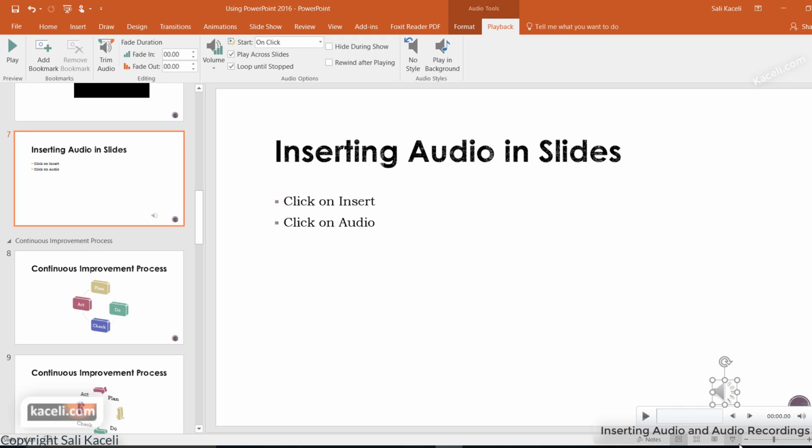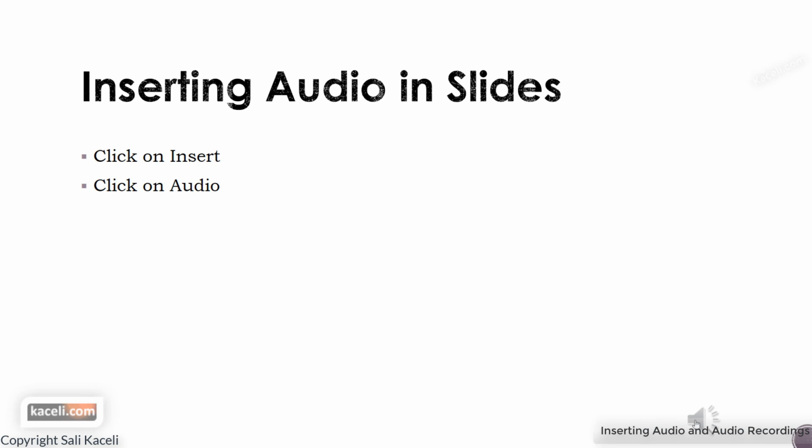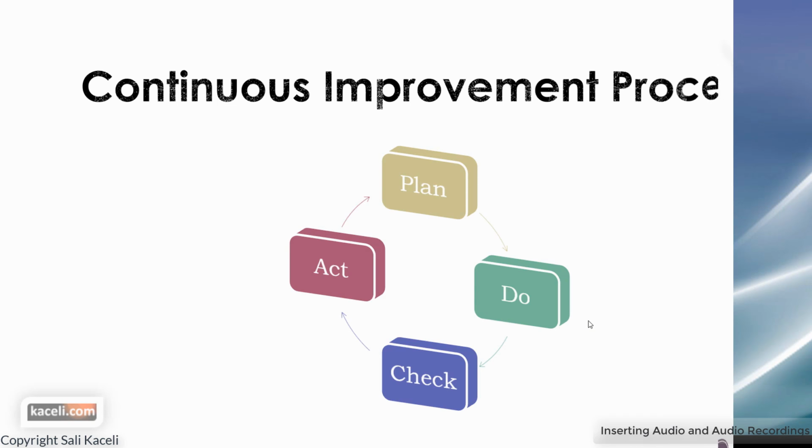If we were to test this, at this point I have it set to click, but we could have checked it so it starts automatically. And then it'll just keep on playing from slide to slide to slide.